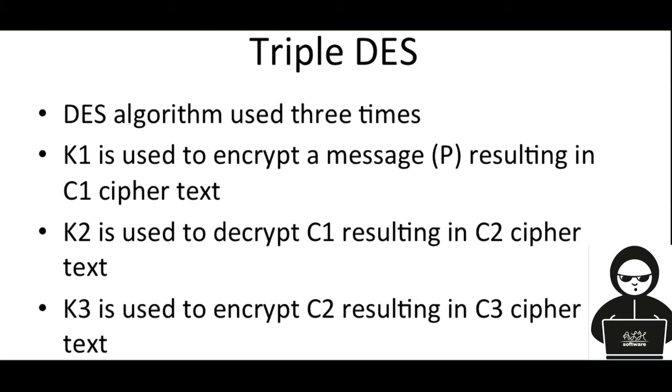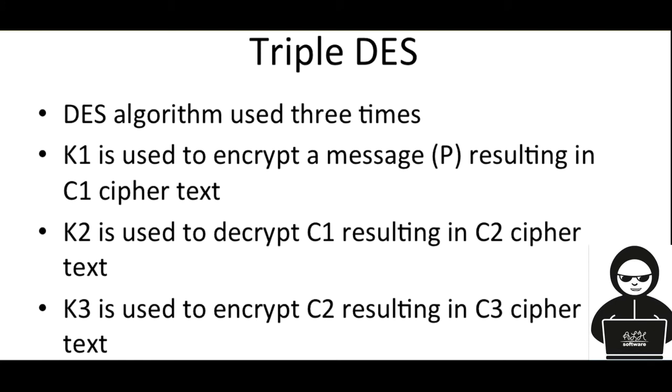So with C1, the output of the first round of encryption, we're going to apply a second key, and we'll call that K2. With that second key, we are going to go through a decryption process on C1.